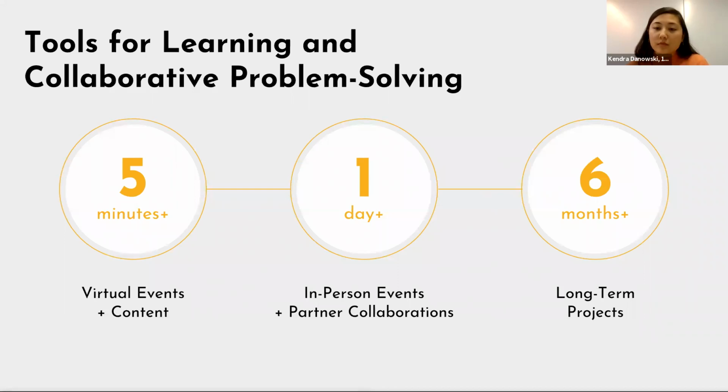Those are our project teams, where groups of partners work against a shared challenge over the course of 6 months to make some kind of change in that area. So many of you are either on one of those project teams or familiar with those. If you're not, there will definitely be ways for you to learn more about them.